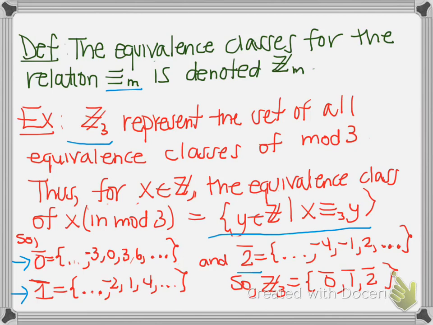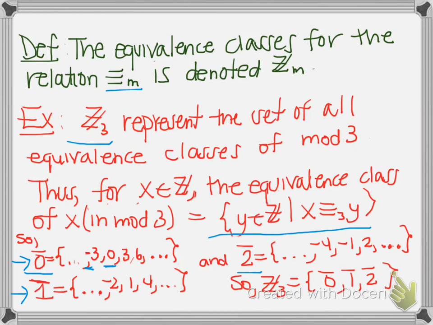And notice here, I have it on the next slide for you to write down, that 0 is congruent to every multiple of 3 in mod 3. In order to get this set, it's repeated addition or subtraction of m, whatever m is. Since m is 3 in this case, we did repeated addition or subtraction from 0. If we subtract 3, we get negative 3; subtract 3 more, negative 6, and so on.